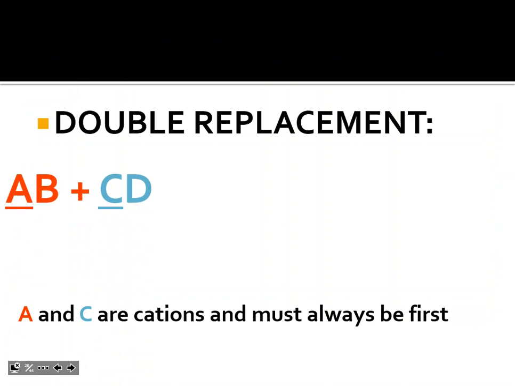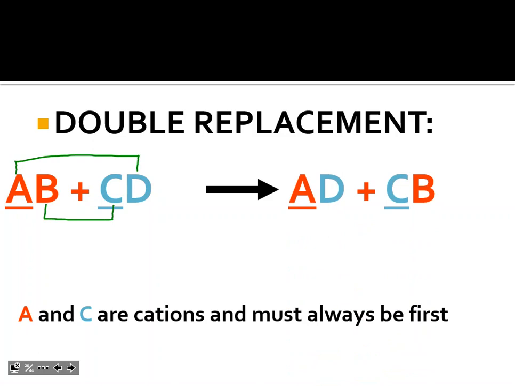You have a compound plus a compound here. They're going to both switch. The A is going to combine with the D. The C is going to combine with the B. So we end up with AD and BC. Now, when you're writing out formulas, we always put the cation first, then the anion.